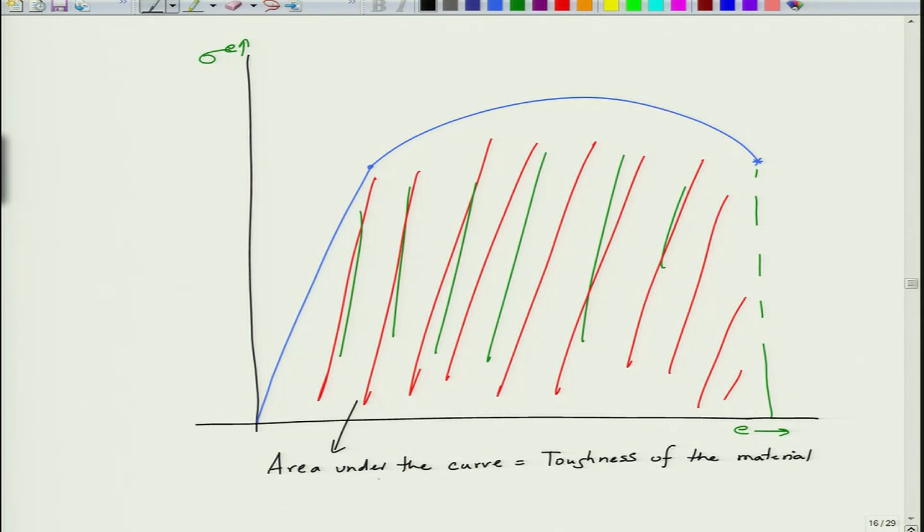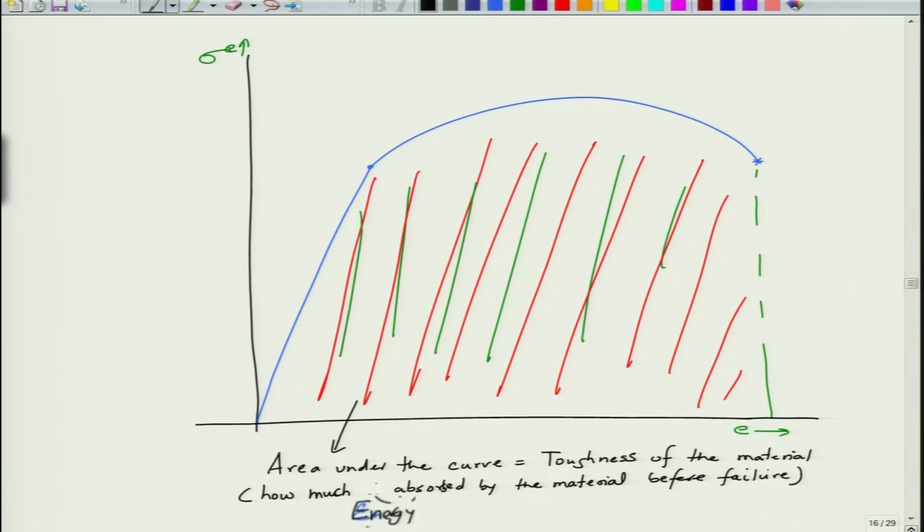Basically, it suggests how much energy is absorbed by the material before failure.